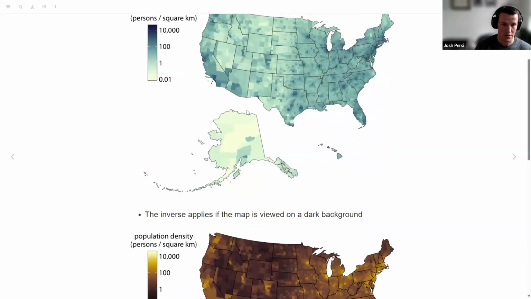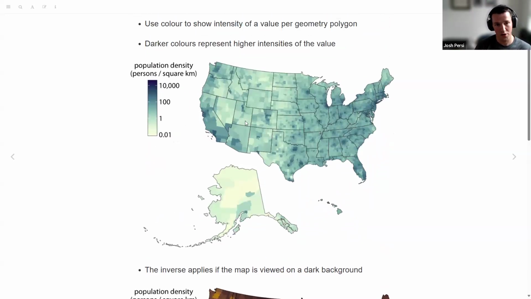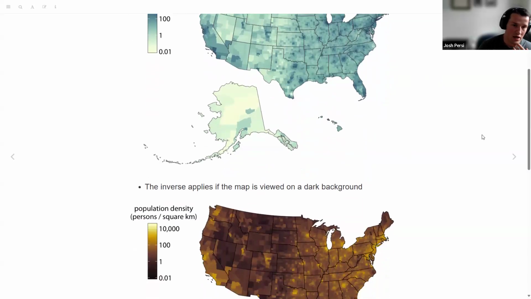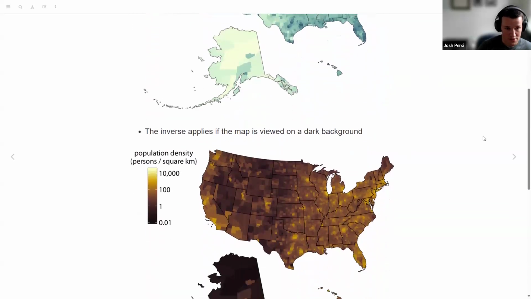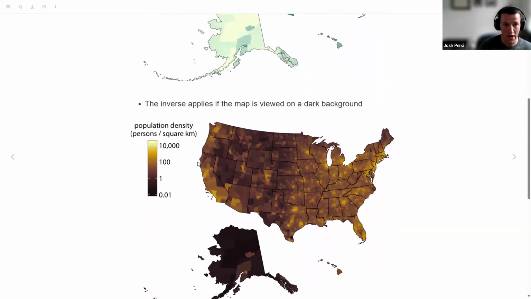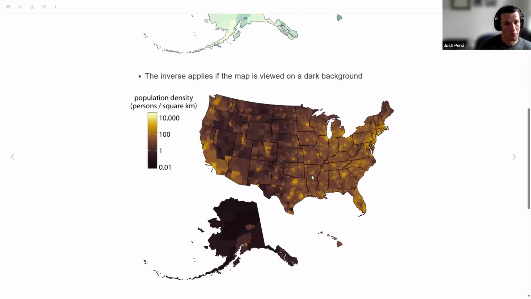Here he's showing dark values as the higher intensity and lighter values as the lower intensity. That works well, particularly when your background is white, as the background page of this screen is. You can also do the inverse. You can make the light values the high intensity and the dark values the low intensity.